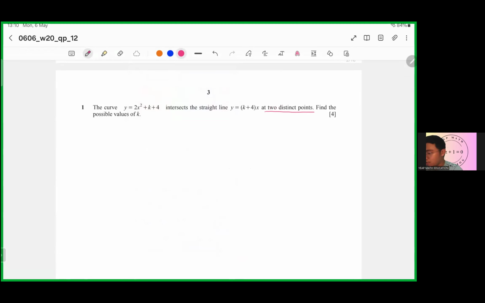When you see two distinct points, you can use b squared minus 4ac more than 0, but not directly. We need to make a quadratic equation first.